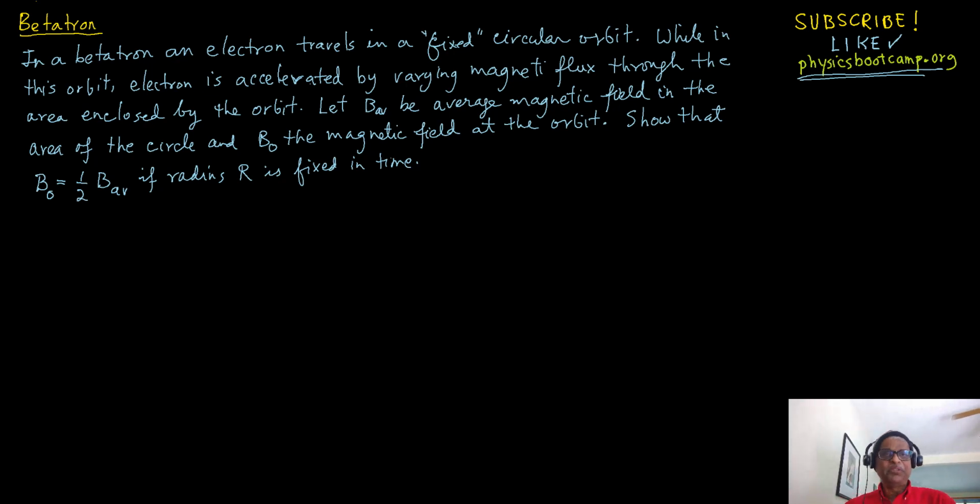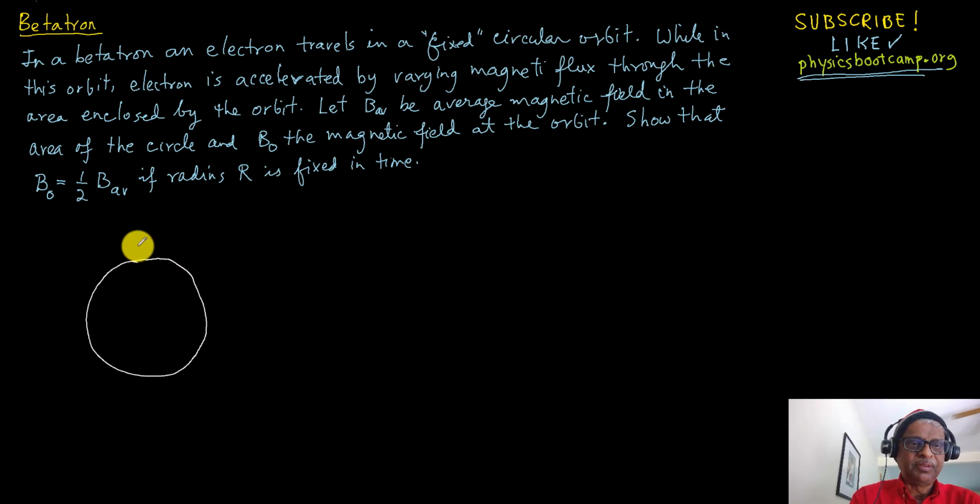Okay, so you want an electron to go in a circle of fixed radius r, and you don't want to accelerate it using a fixed electric field.